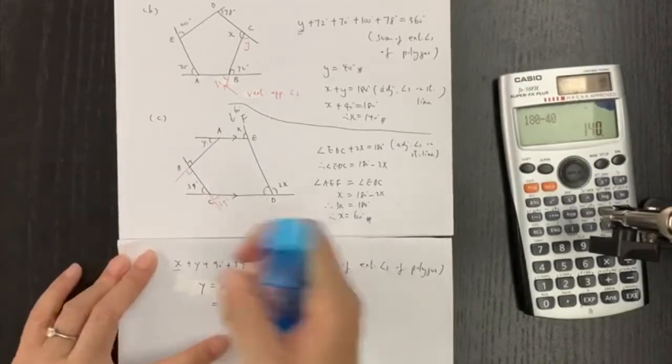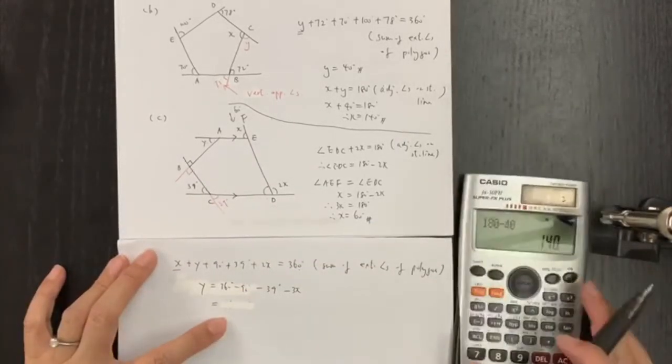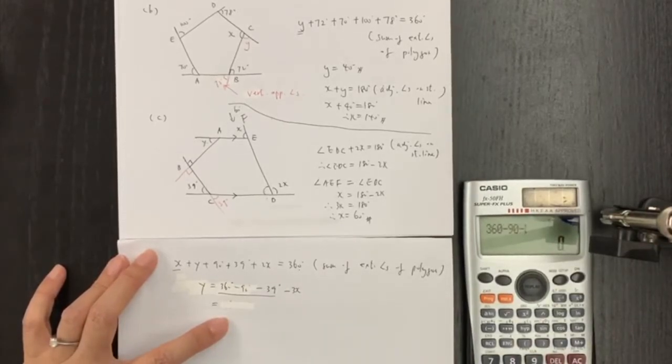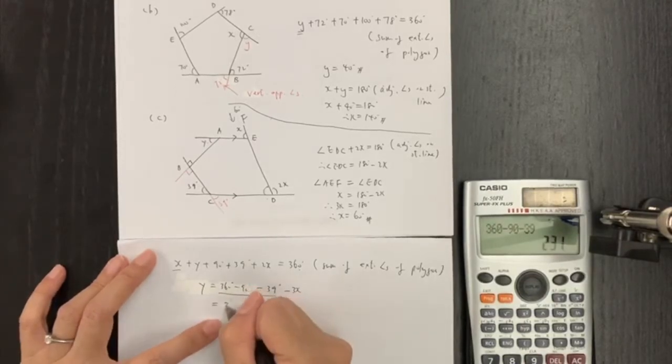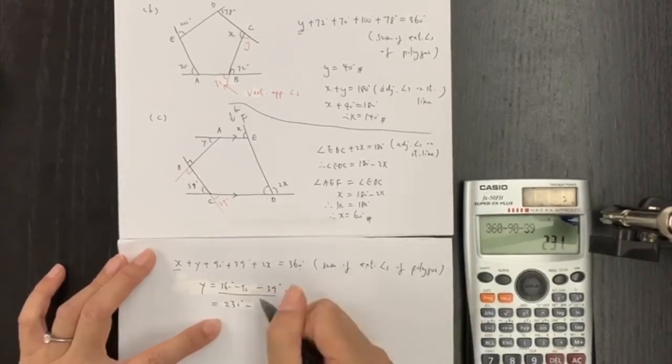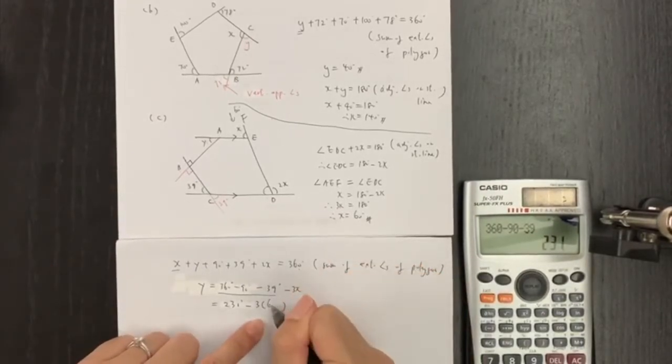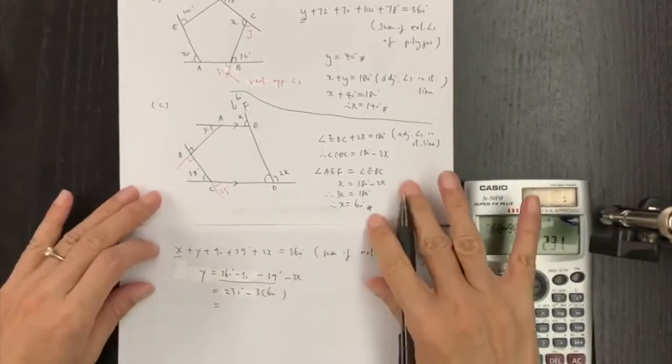Okay, let me finish this part first. So that is 360 minus 90 minus 39, which is 231 minus 3. And just now, we worked out x before, which is 60, so I put 60 here for substitution.